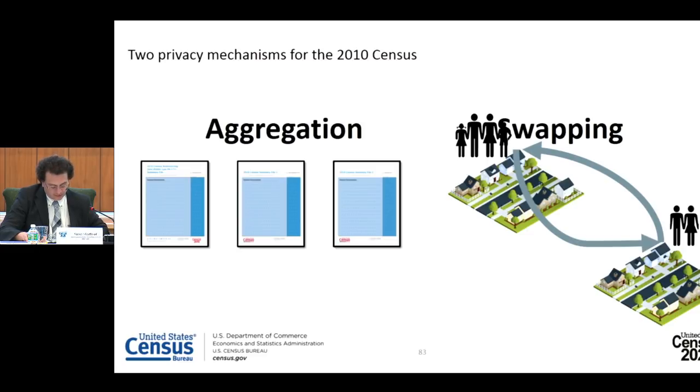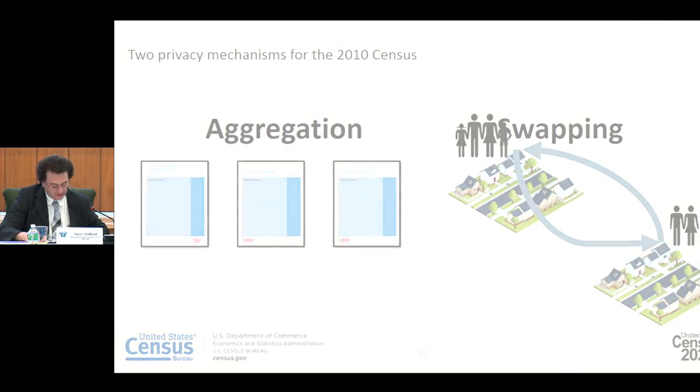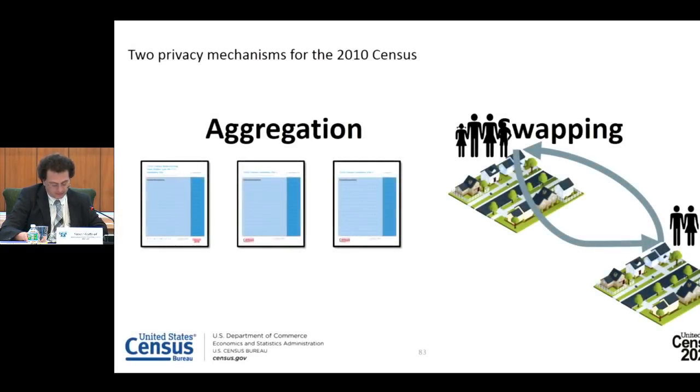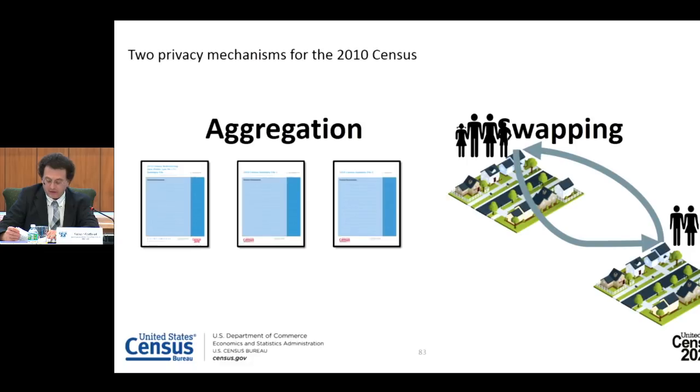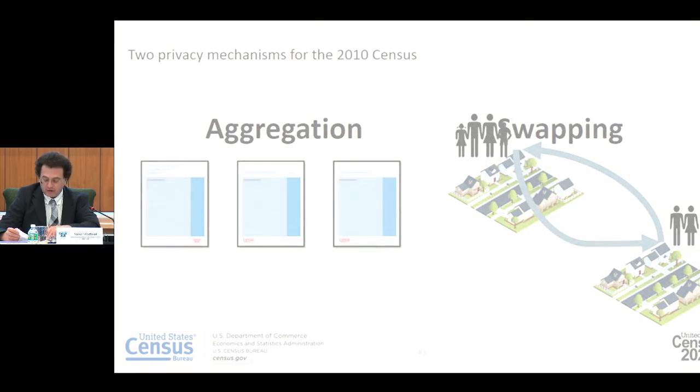A sample of households is selected and matched on a set of selected key variables with households in neighboring geographic areas with a small population, that have similar characteristics, same number of adults, same number of children, etc. Because the swap often occurs within a geographic area with a small population, there is no effect on the marginal totals for the geographic area with a small population or for totals that include data from multiple geographic areas with small populations.